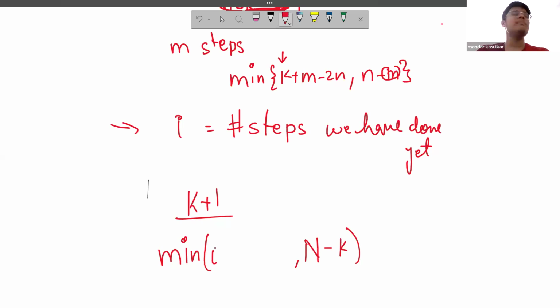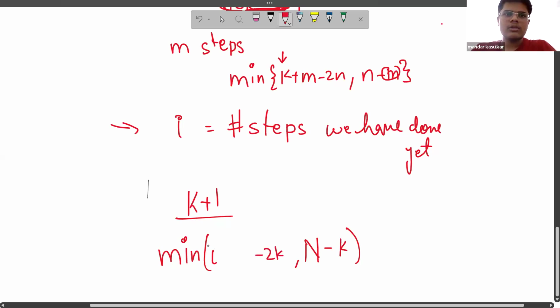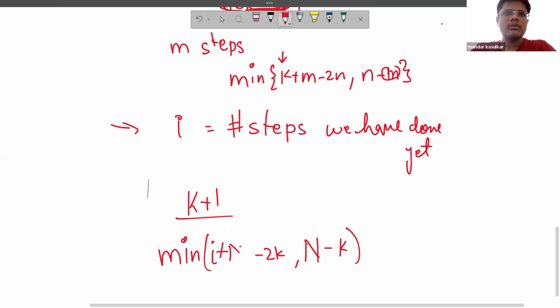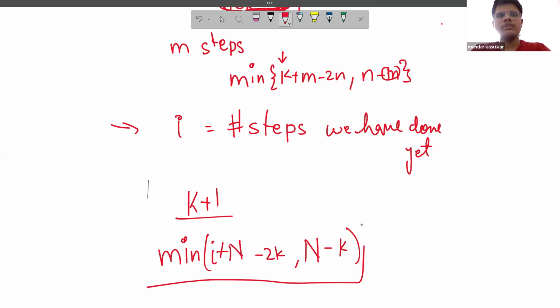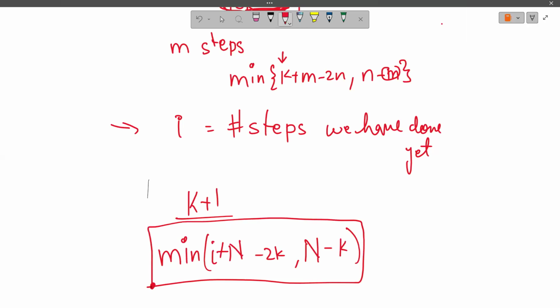It is n plus... Okay, I got it. Yes, it is minus 2k. You can show that it is in the minimum of these two, from induction. Yes, and this claim then finishes.